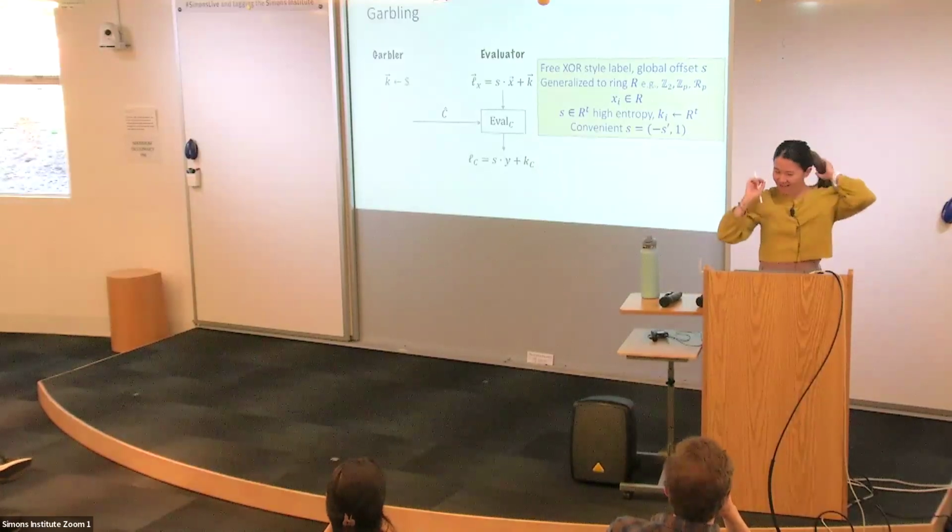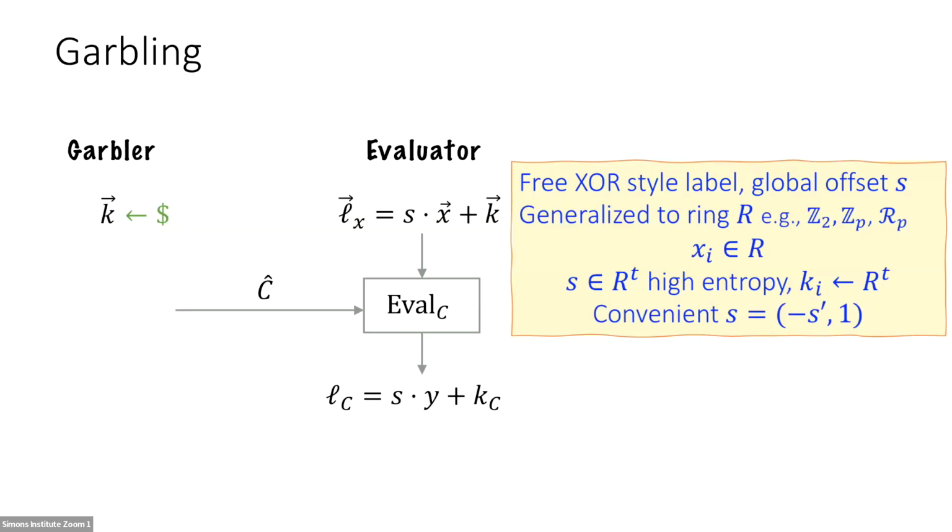All right, so how did garbling get connected with homomorphic secret sharing? Well, that is curious. So basically in garbling, as we have seen, we can see the labels of the wire values as this kind of s times x plus k. This is basically free XOR inspired, except we now generalize it to general rings.